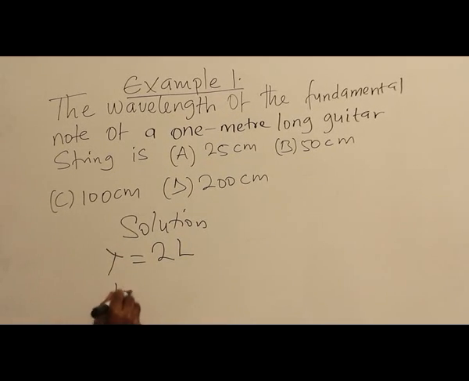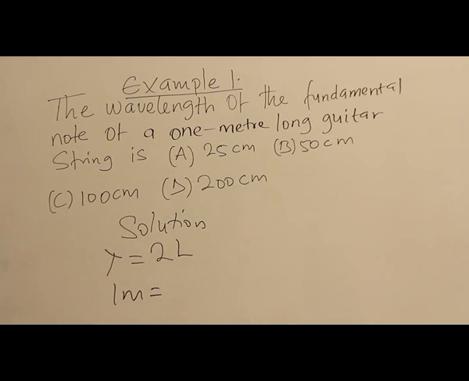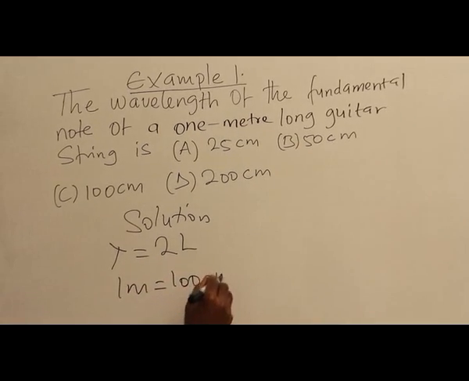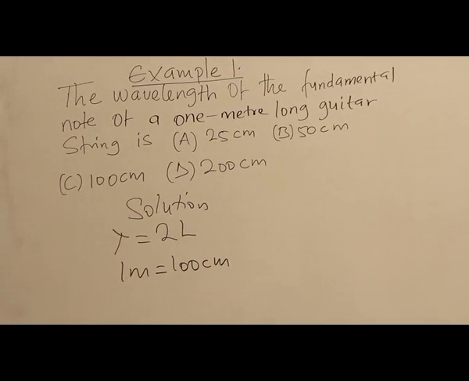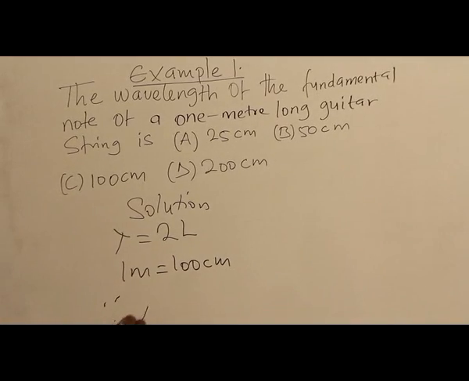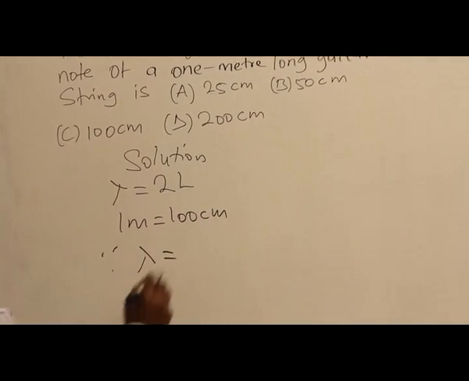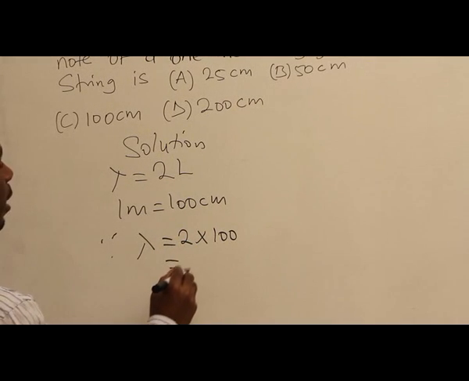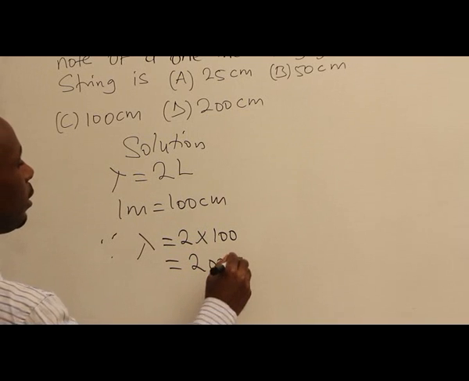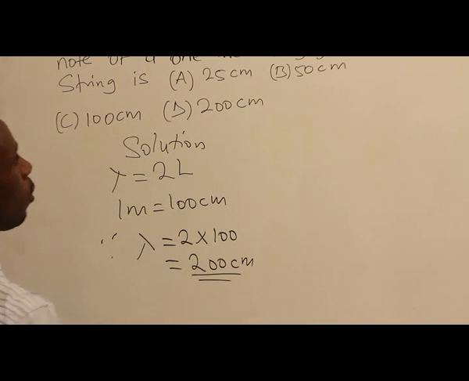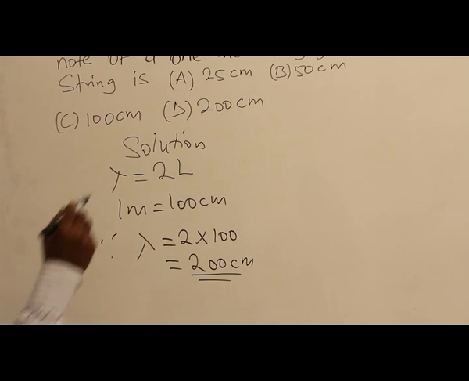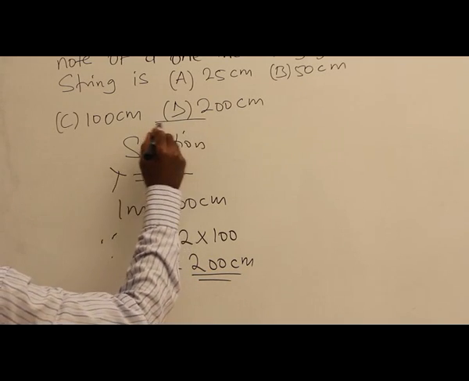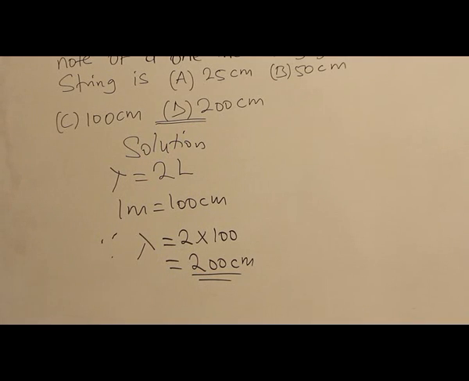But 1 meter is the same thing as 100 centimeters. Therefore, lambda now will be 2 times 100. The answer now will be 200 centimeters. We now go back to the options and look at the correct option. The correct option there is option D, which has 200 centimeters.